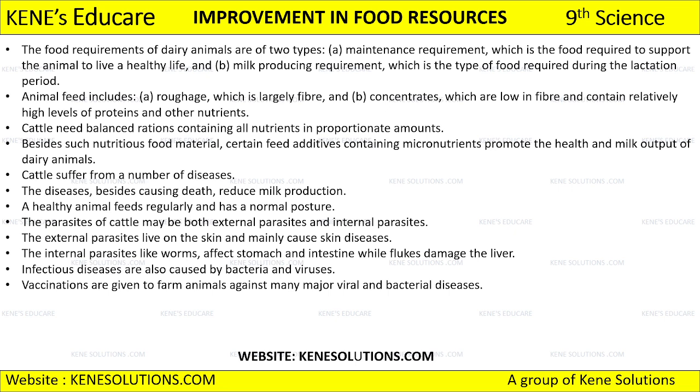When it comes to diseases, cattle suffer mostly from parasitic diseases, and these can be external parasites or internal parasites. External parasites live on the skin and cause skin diseases.